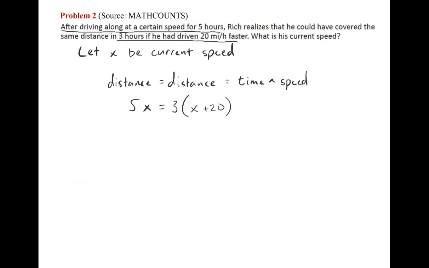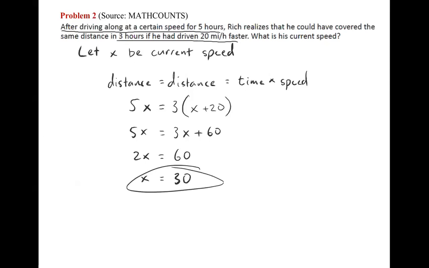So this is our equation, and now we just have to solve for it. This expands to 3x plus 60. And then if we move some stuff around, we'll find that x is equal to 30. So his current speed is 30 miles per hour.